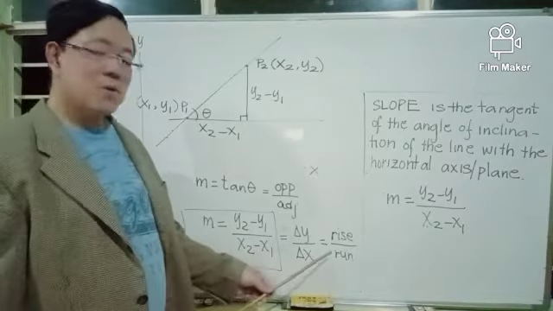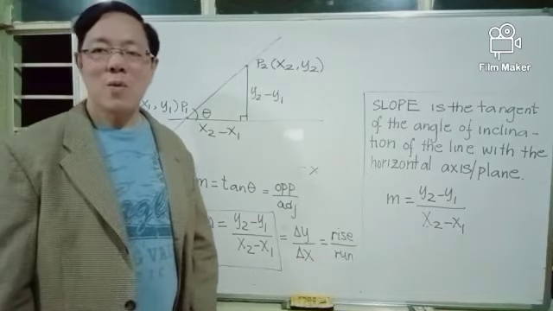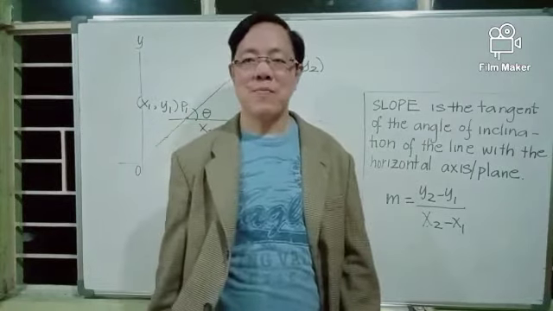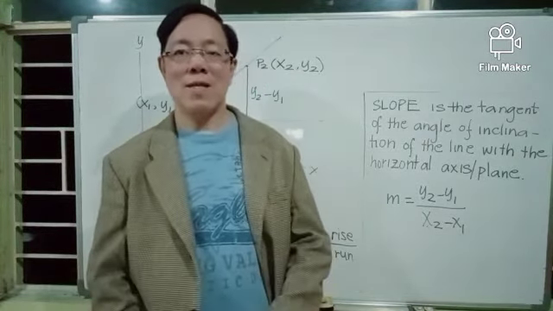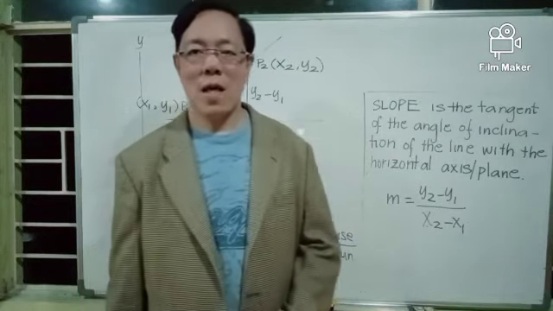And this ratio is also known as the rise over run. In our next lesson, we will have problems that will require us to find the equation of the line given the slope of the line and one point on the line.